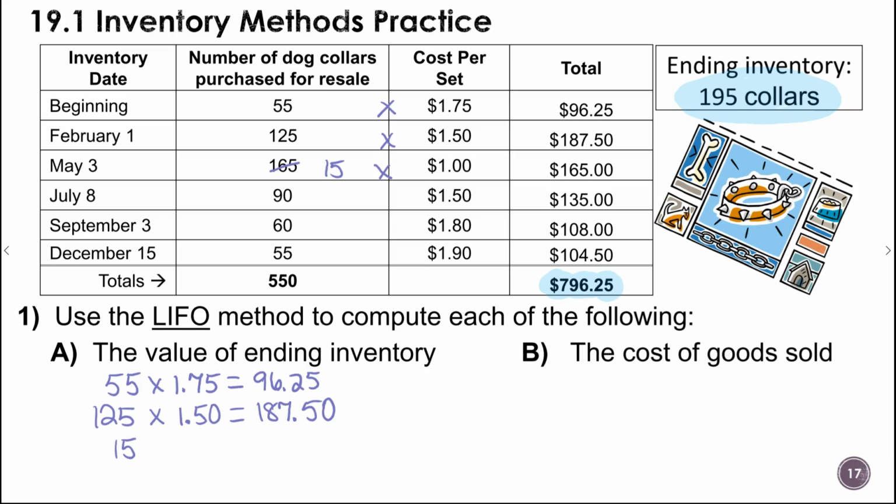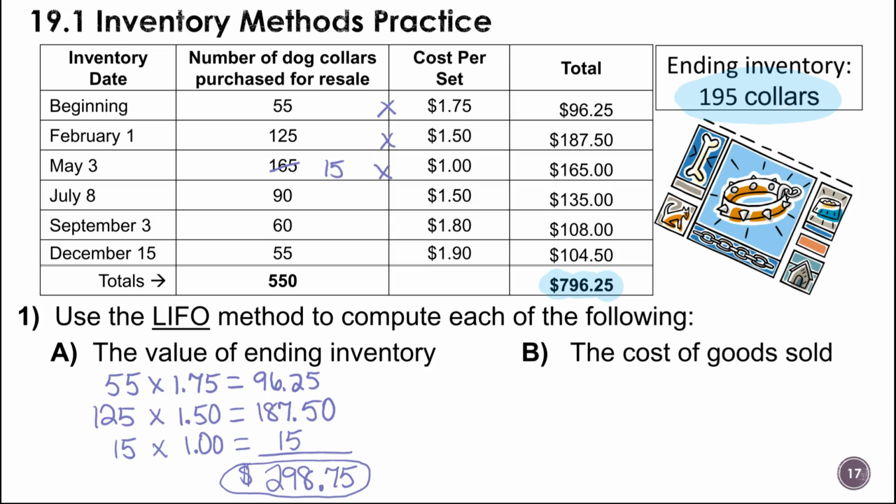Remember, when we add the 55, 125, and 15, we have to come up with 195 because that was how much was left in our ending inventory. This is $1, and so it's 15. So our total on this one is $298.75. So that is the value of ending inventory.